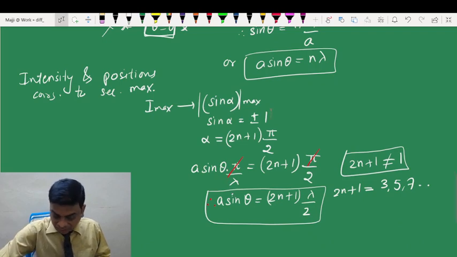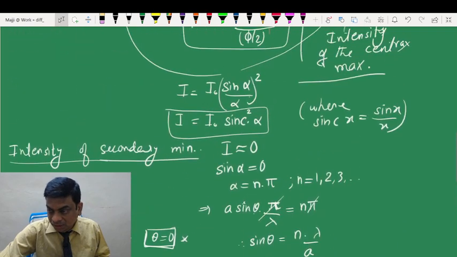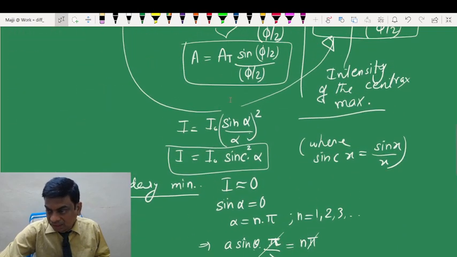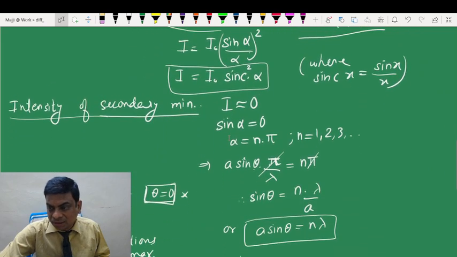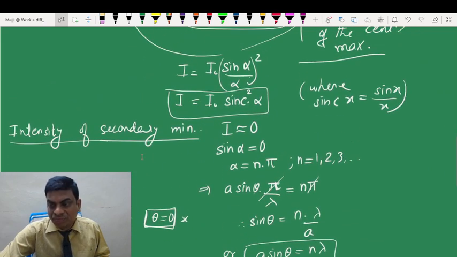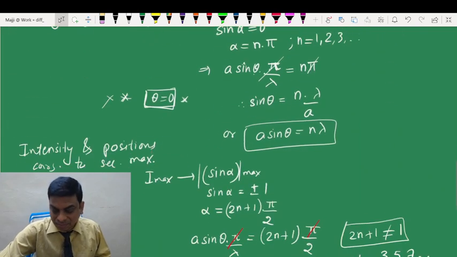Now, if we substitute these values, we can certainly have the intensities. So let us find the intensities corresponding to the first secondary maximum, second secondary maximum, and so on.